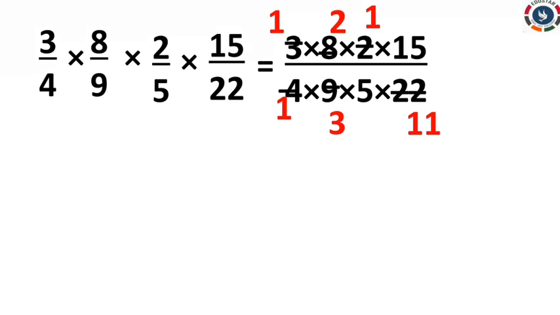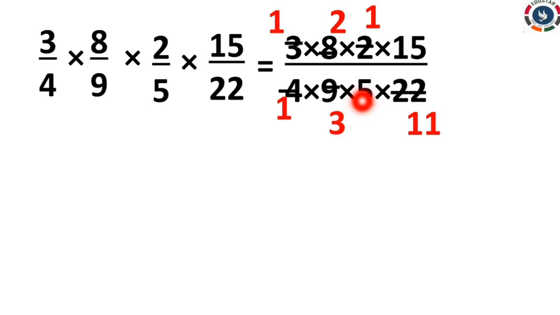Okay. Next I am going with the 15. The 15 is coming in which tables? The 3 table and the 5 table. So 15 can be divided by 3 as well as 5. You can select any one value, 3 or 5.